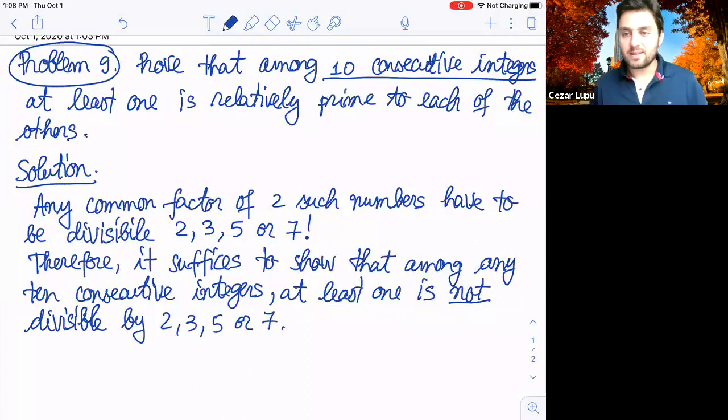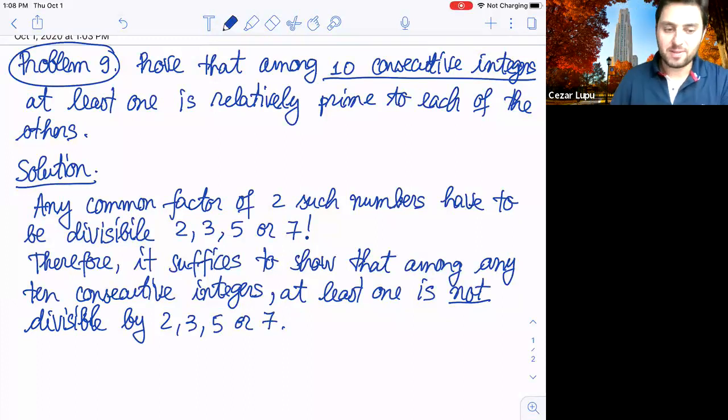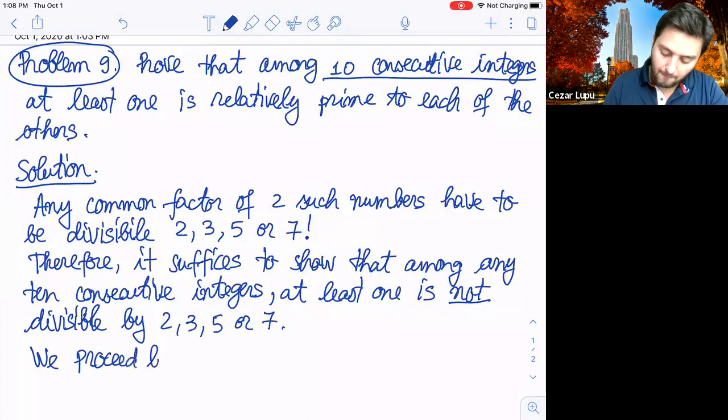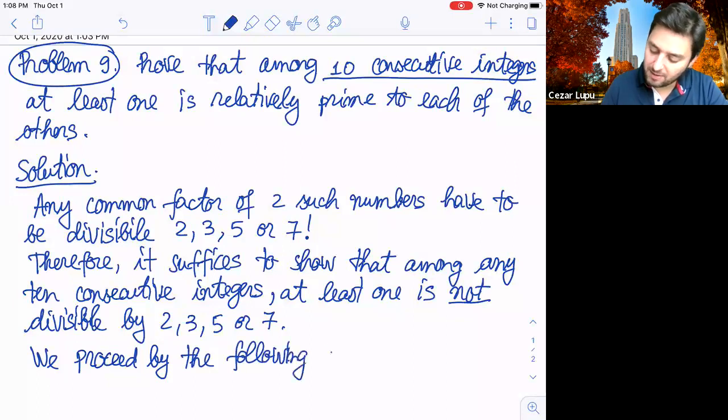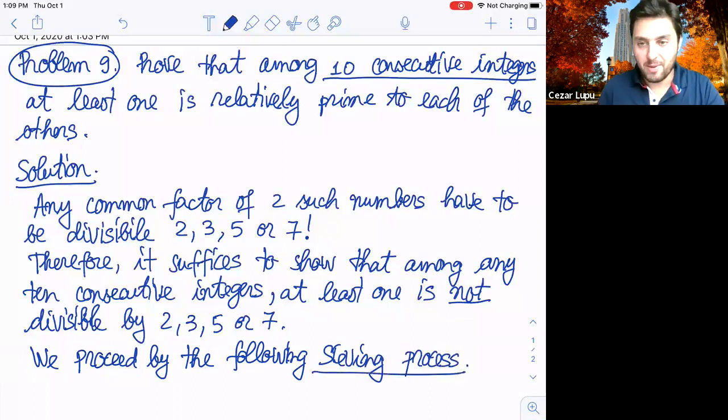Well, like I said at the beginning, let's do the sieving process. So we proceed by what we call the following sieving process. But I'm sure you understand what it means. Okay, here we go.